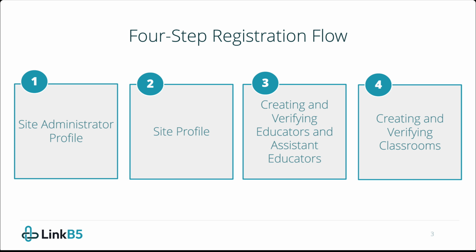The 4-step registration flow includes the site administrator profile, the site profile, creating and verifying educators and assistant educators at your site, and creating and verifying your site's list of classrooms. You must complete and submit all 4 steps of VQB5 registration for your site before any educators or assistant educators can complete their educator profile.